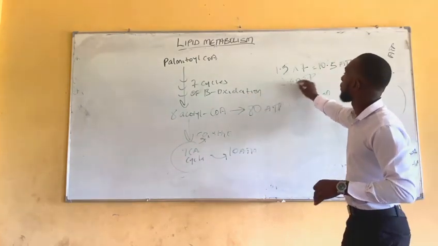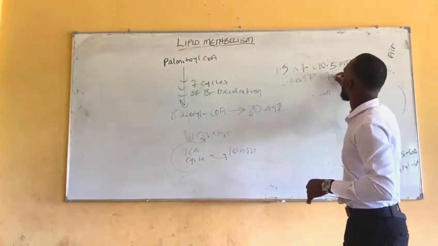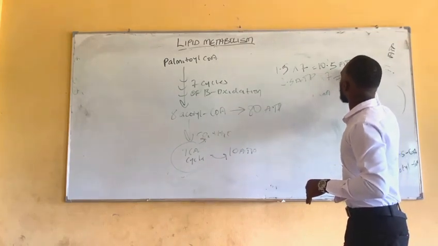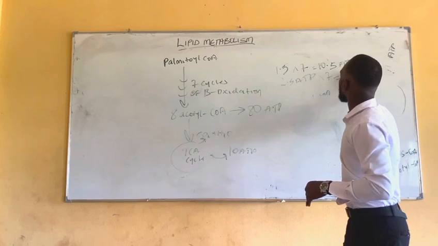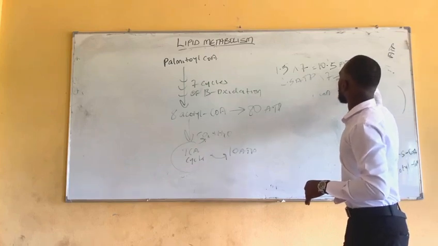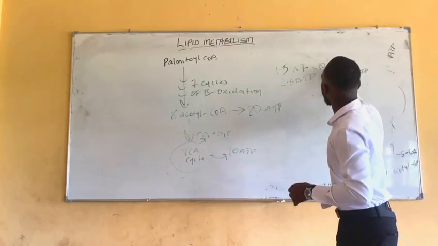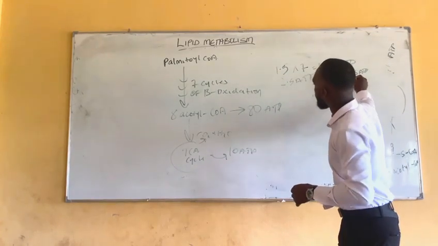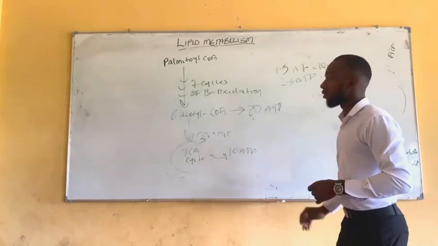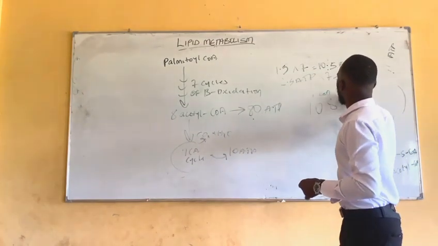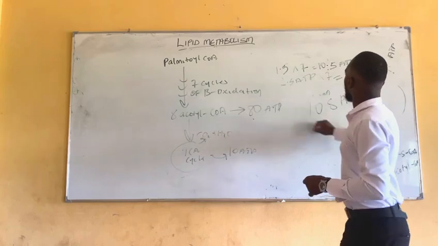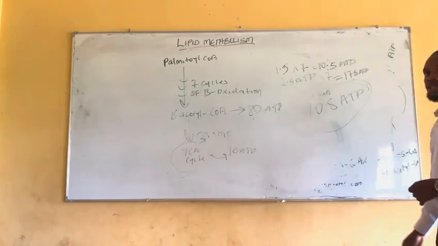You now do 2.5 times 7, which should form 17.5 ATP, right? So this 10.5 ATP plus 17.5 ATP plus 80 ATP now forms 108 ATP.